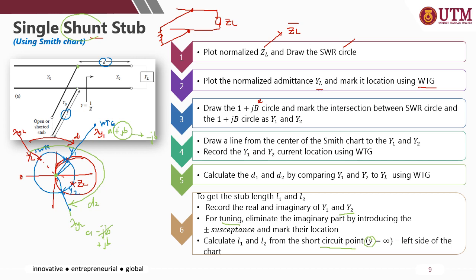For short circuit, this is the Smith chart. For impedance, we know that it will be equal to infinity, and it is open circuit for impedance. But for shunt, we use admittance. Here it will be equal to short circuit position. So at this point it will be Y open circuit.